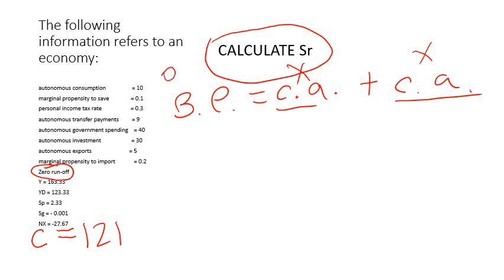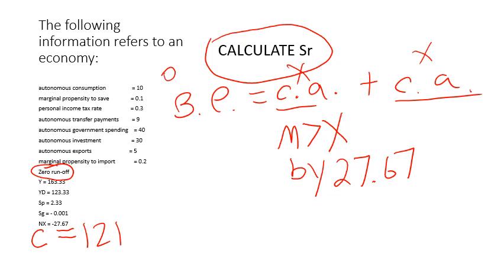Now, from our previous calculations, our net exports are equal to negative 27.67, which means that our imports are greater than our exports by $27.67 billion.